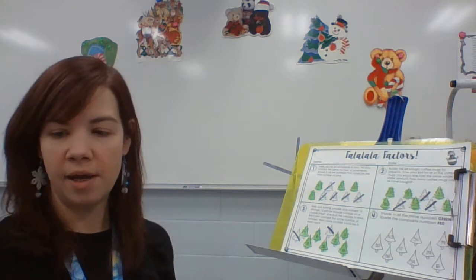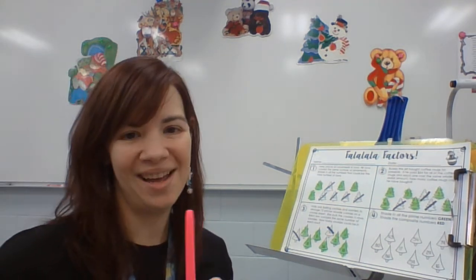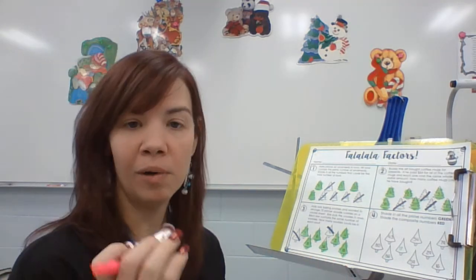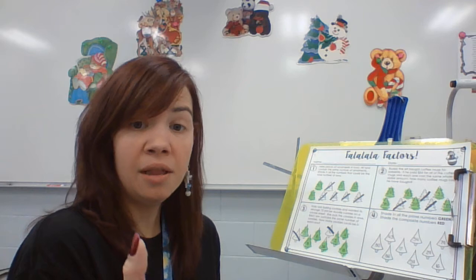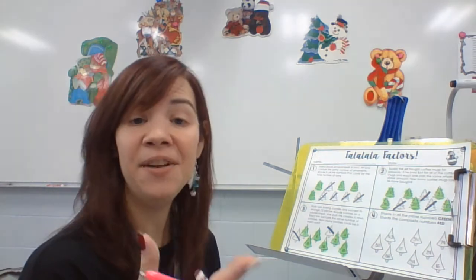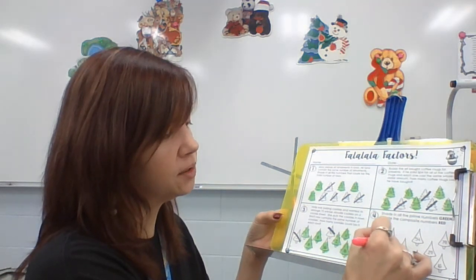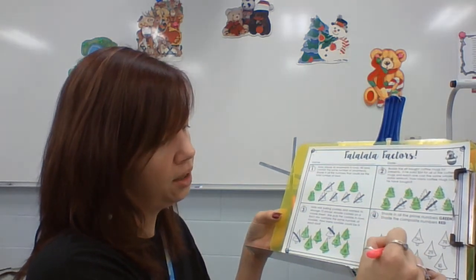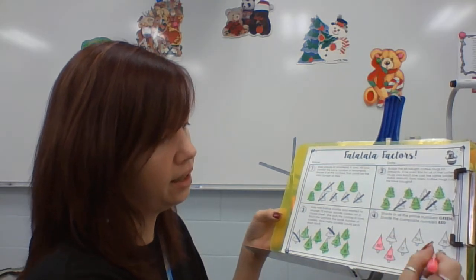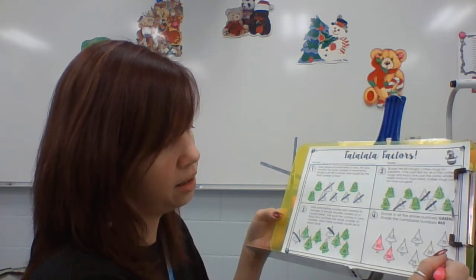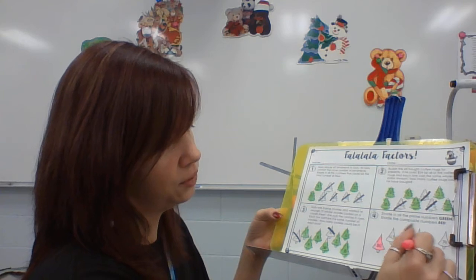So in number 4, they want us to shade all of the prime numbers green and all of the composite numbers red. I didn't have red, so I am using pink. A real easy way to tell, look at if it's even or odd. If it's even, it's automatically going to be composite because even numbers all divide by 2. So I'm going to go through here and do all of the even numbers.